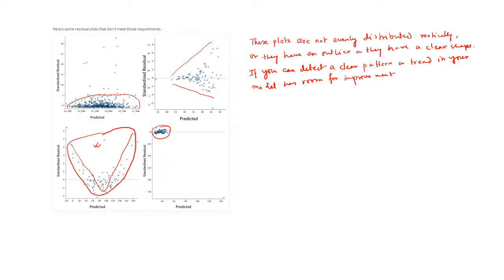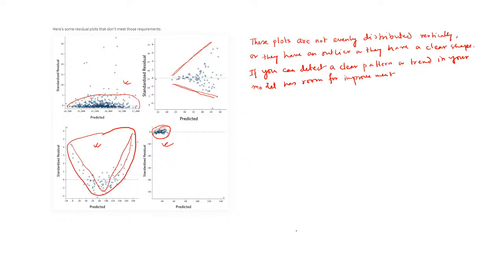So if it looks like this pattern or this pattern or this pattern, there is a clear pattern. You see that the maximum data lies on the line y equal to 0, and if this type of pattern happens, or this parabolic pattern, or the maximum points cluster in that way, then there is room for improvement. So we need to improve this model.